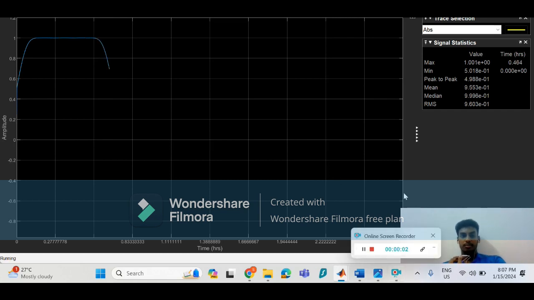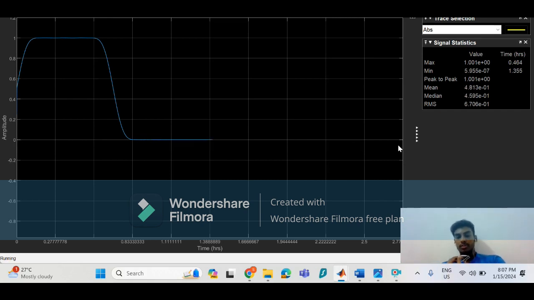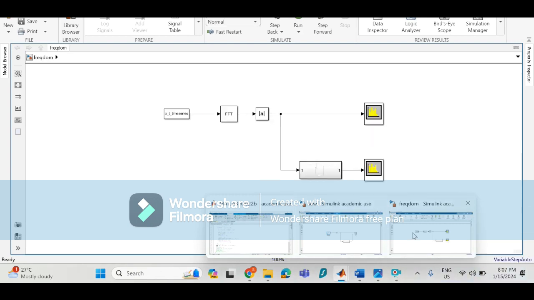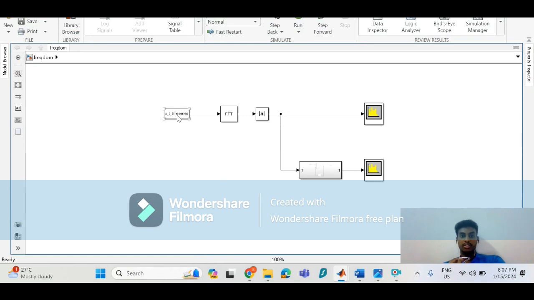Just have to wait for it to completely form. So this is after the low pass filter circuit. And for the frequency domain, this is the frequency domain circuit. This is also the same.